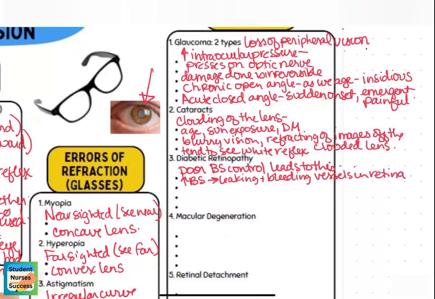The high blood sugar tends to make those vessels weak, and then they start to leak and bleed, and they develop scar tissue.